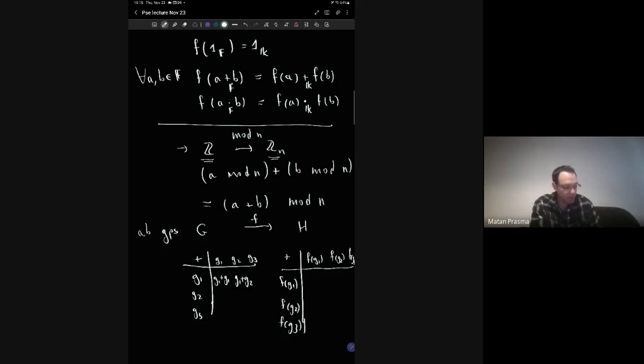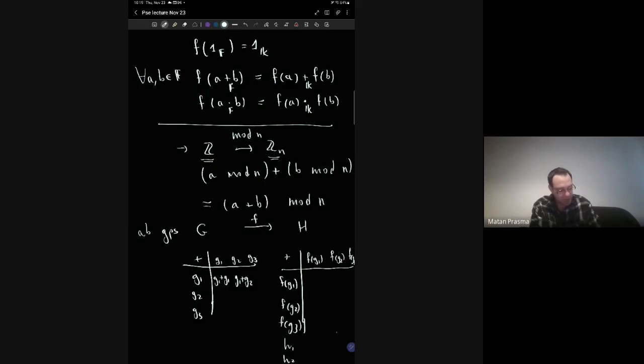Now this is not a full list of the elements in H, because I did not assume that the homomorphism F is surjective. So possibly there could be other elements here, like H1, H2, and so on.